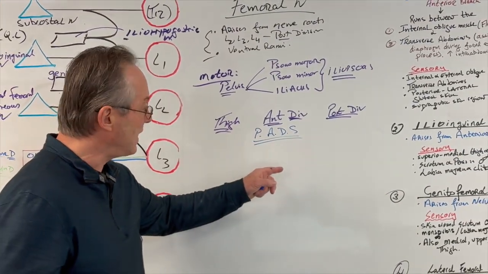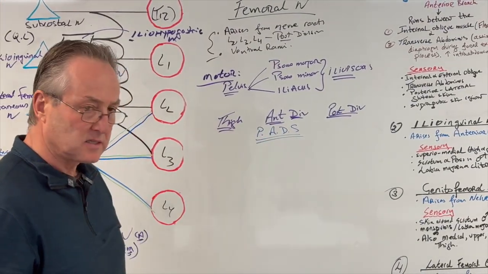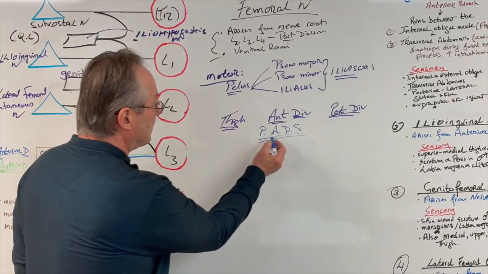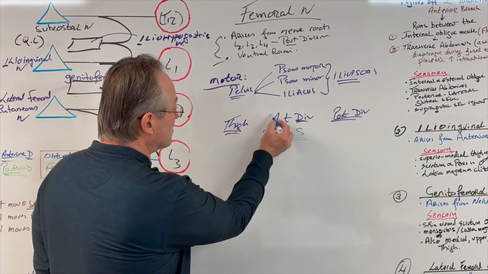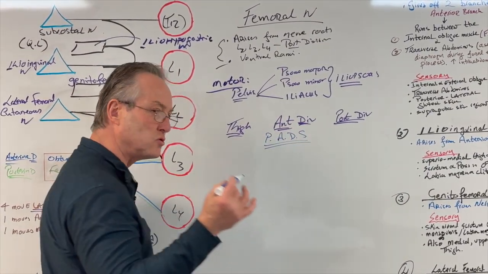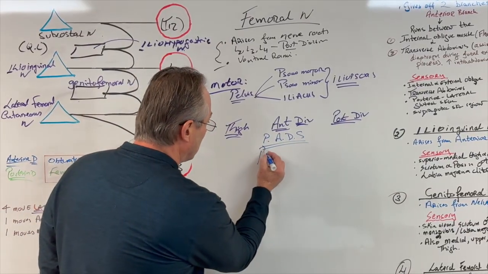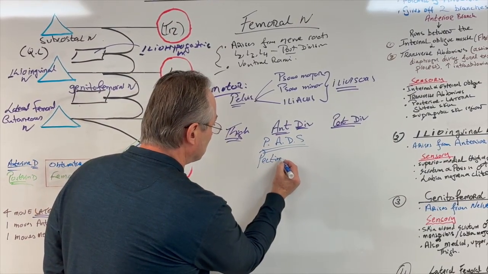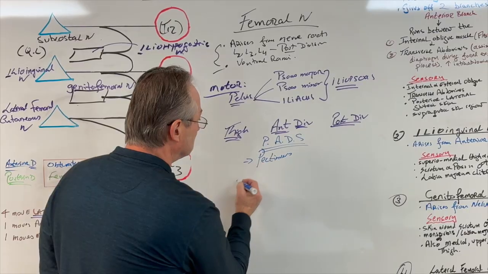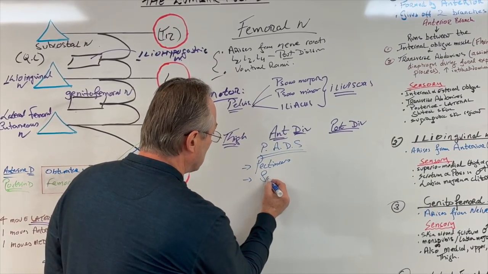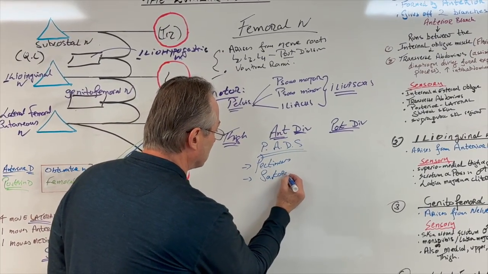The only reason why I did PADS is because it means something. But the AD here is actually to remind us about anterior division. The only 2 muscles is your pectineus and your sartorius.